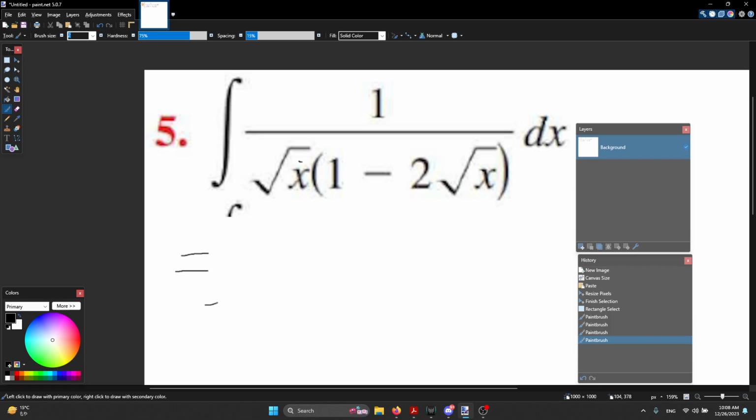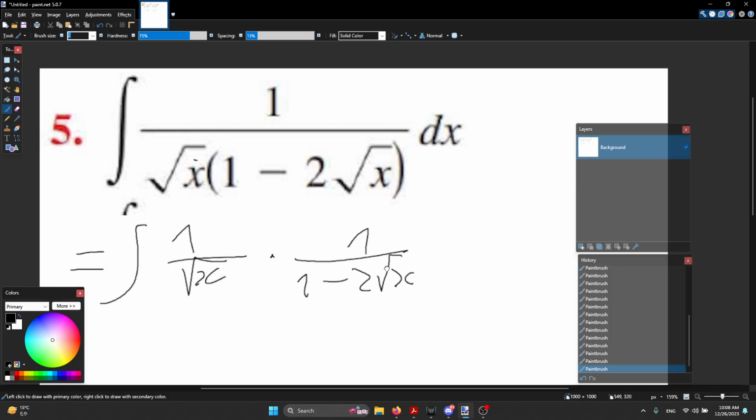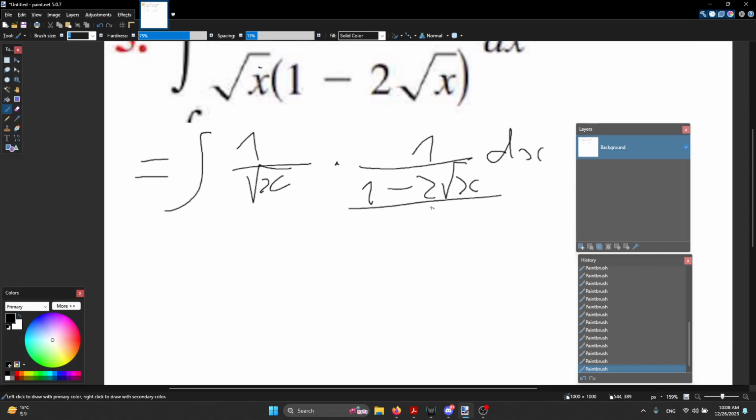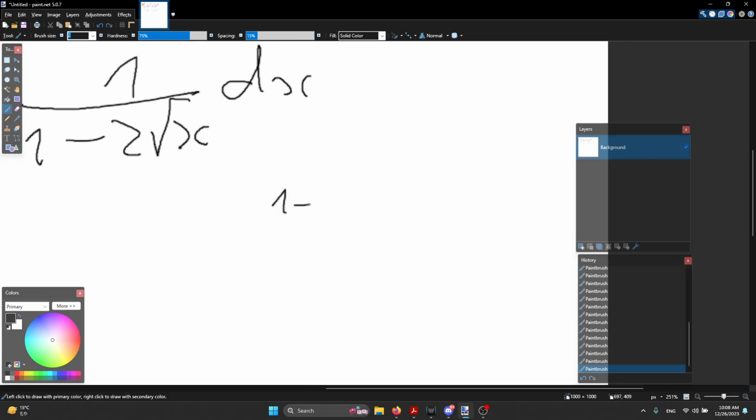So just rewrite this so it's easier to see. The integral of 1 over square root of x times 1 over 1 minus 2 square root of x, dx. Let's try u-subbing by finding the derivative of this thing first. So the derivative of 1 minus 2 square root of x with respect to x: we have 0 here because it's a constant, minus 2 times the derivative of square root of x.